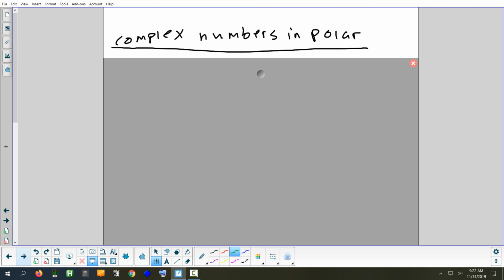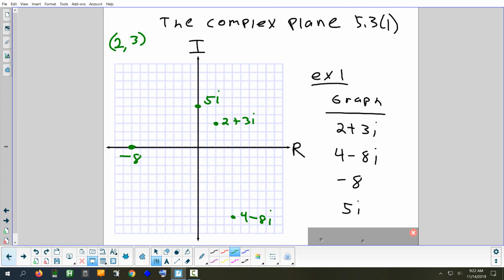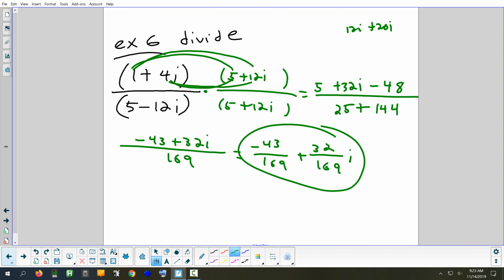Okay, last thing. This is the thing that we would have done a little bit today and a little bit tomorrow. Instead of writing complex numbers like this, that's rectangular form. I've already told you what rectangular form is good for. If you want to add and subtract complex numbers, there's no simpler way than the way we learned yesterday. If you want to multiply and divide, this is not the best way to do it.